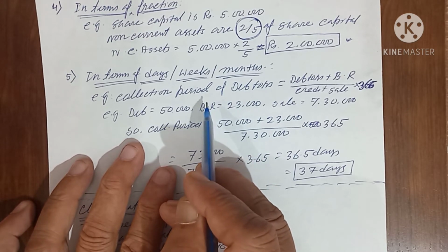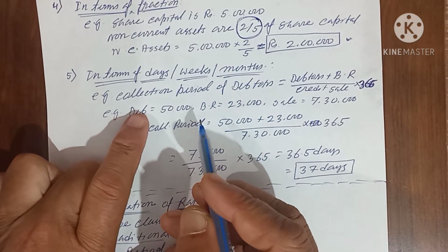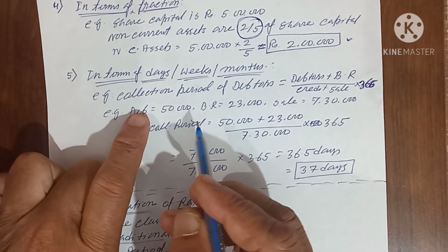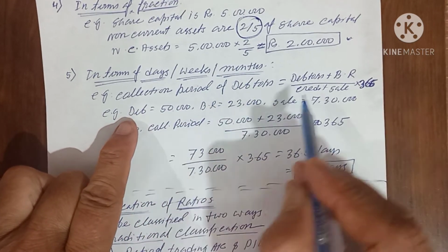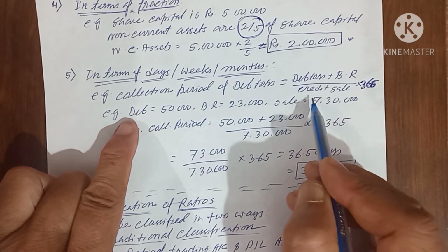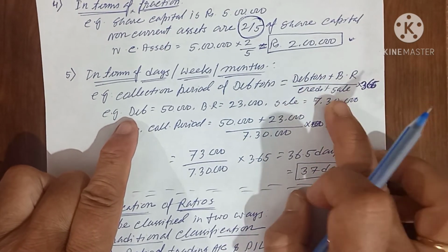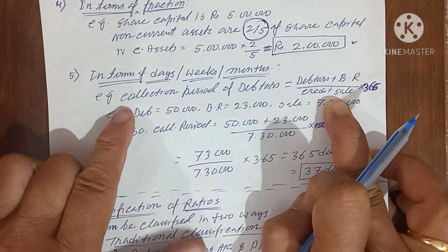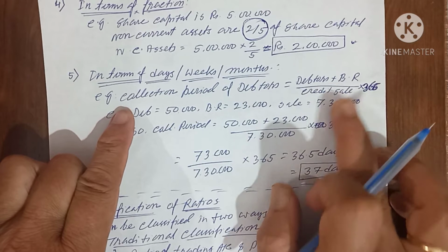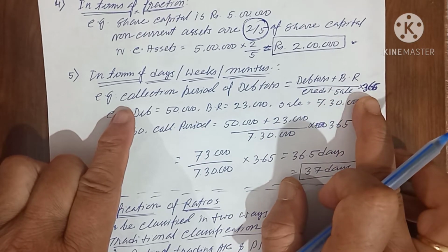And whenever you sell the goods on credit, you have to spend some time to collect the money from the debtors. Collection period of the debtors is equal to debtors plus bills receivable by credit sales into 365 days. This is one formula that will come afterwards.